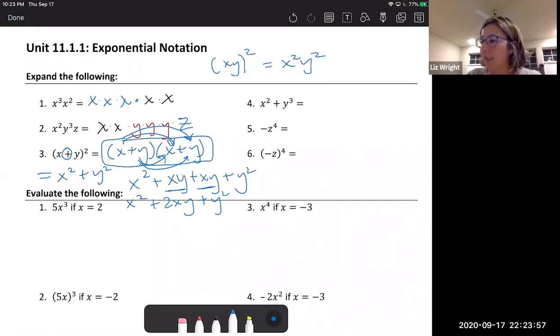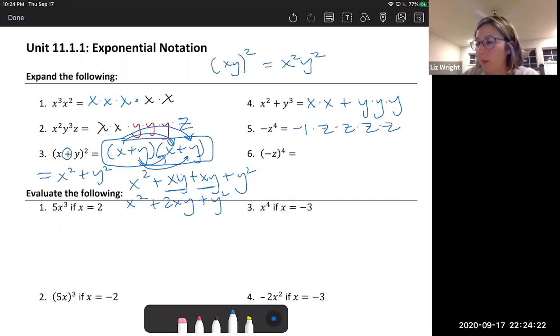So then our next example, number 4, we've got x times x plus y times y times y. And then be careful on 5 and 6. This is going to go back to what we were talking about in order of operations. Here, this is the same as -1 times z times z times z times z.